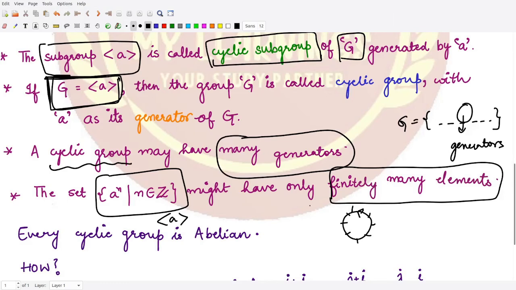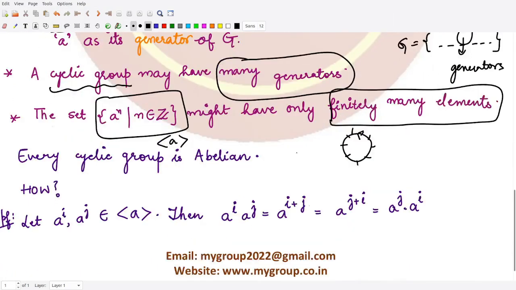And the last point here is that every cyclic group is abelian in nature. That means all the elements commute with all the other elements of this group. How is this so? Suppose we take two elements. The first element is a to the power i and the second element is a to the power j. Both elements are taken from the cyclic subgroup, right?